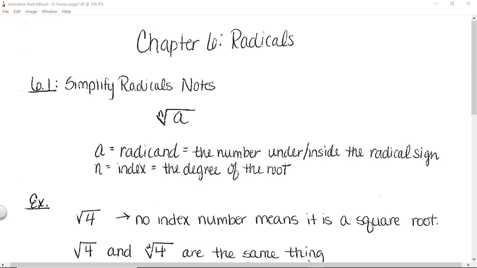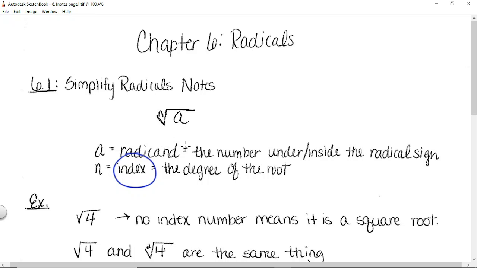So this is section 6.1, simplifying radicals. We have the notes here that we're just going to go over and then do some examples. So you have here the nth root of a is how we read that. Okay, the nth root of a. N is the index, and that is the degree of the root.